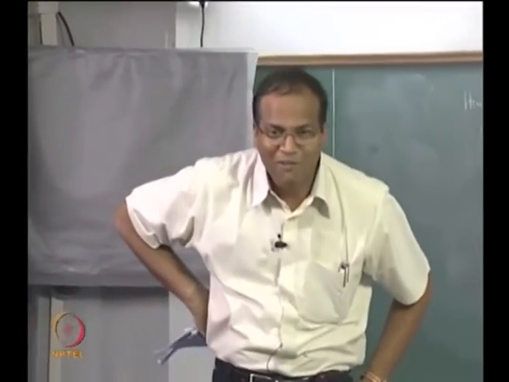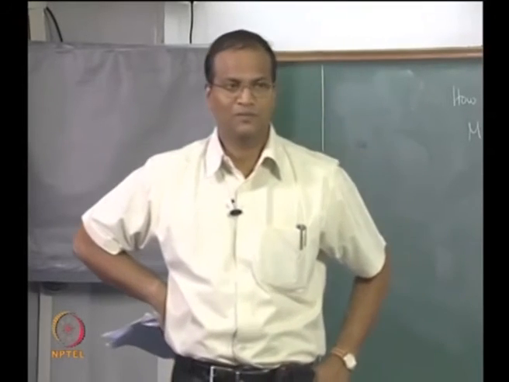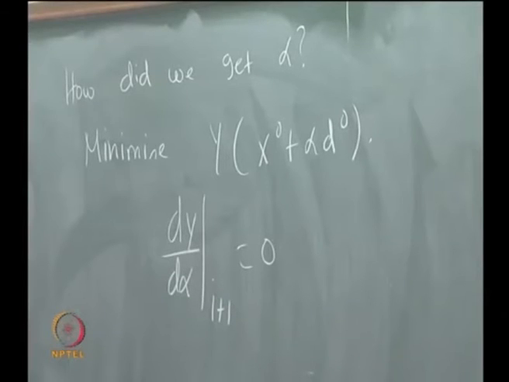We are trying to do dy by d alpha at I plus 1 equal to 0. dy by d alpha at I plus 1 equals dou y by dou X at I plus 1 into dou X by dou alpha. One is a capital X, one is a small x.